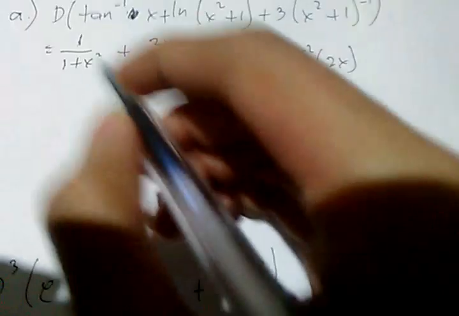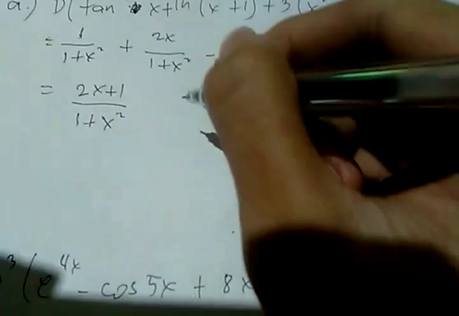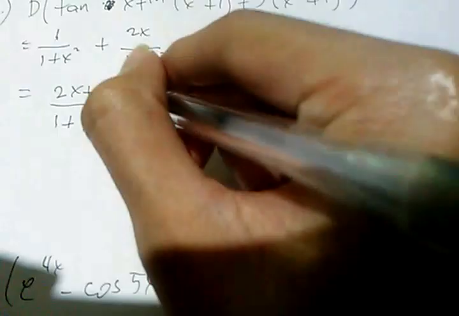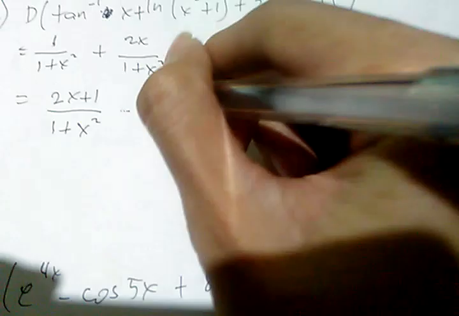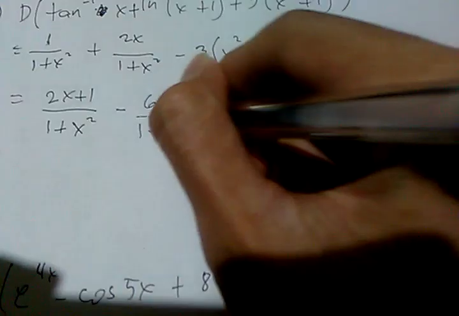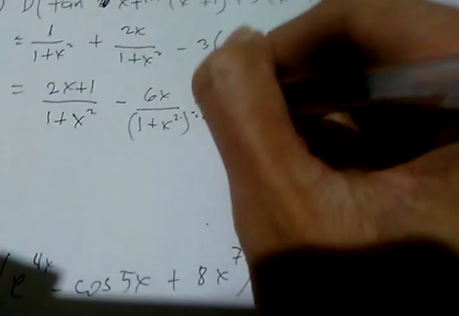So let's combine these terms. The first two terms equal 2x plus 1 over 1 plus x squared. Then the second term is negative 6x over 1 plus x squared raised to 2.